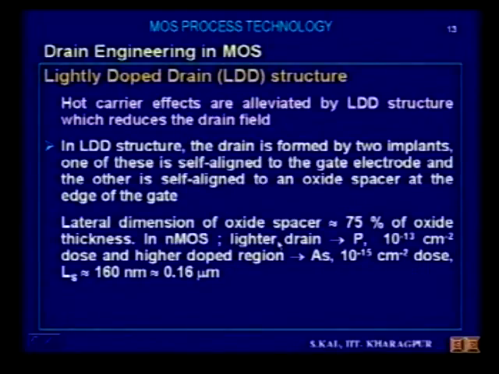Since I am discussing NMOS, the lighter drain is phosphorus doped, with a dose of 10 to the 13 per centimeter square, and the higher doped region is arsenic, with a dose of 10 to the 15 per centimeter square. LS, the length of the spacer, is 160 nanometer, which is 0.16 micron. 0.16 micron is typically the spacer length.